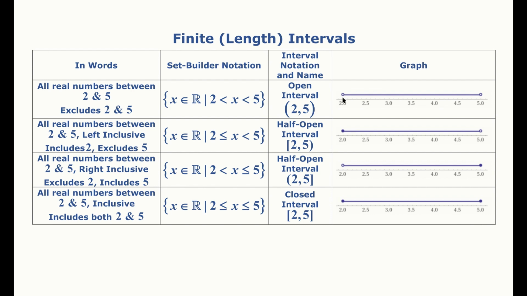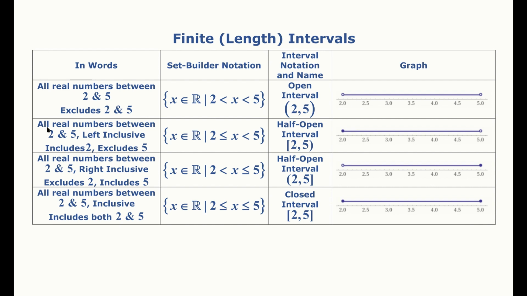When we graph that, we are going to want to have open circles at the two endpoints and then connect the two points. Notice that this set is actually on the number line. We just draw it a little bit elevated to make it easier to see. Otherwise, this set of numbers lives on the number line, okay?